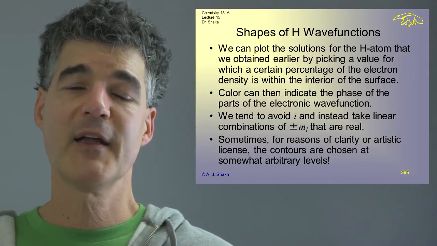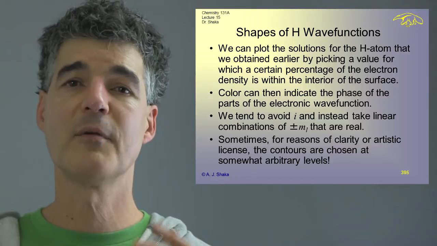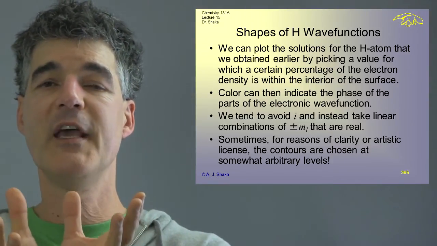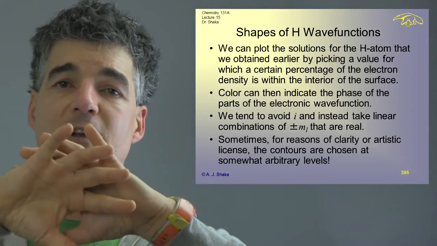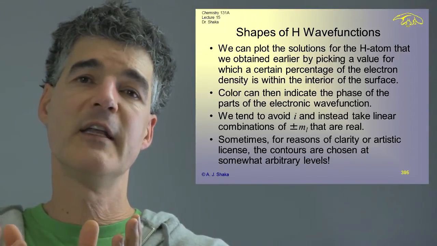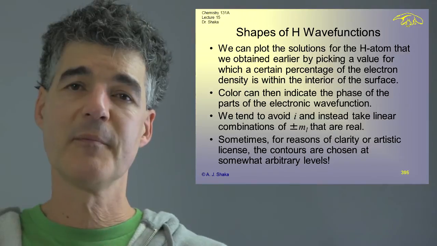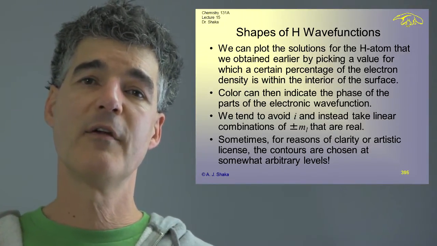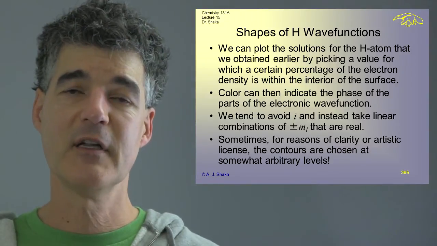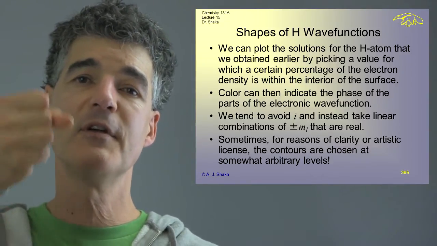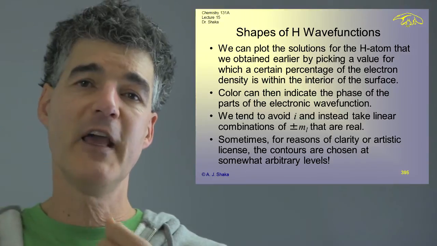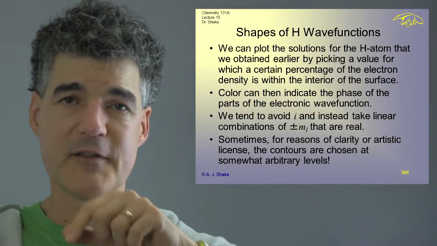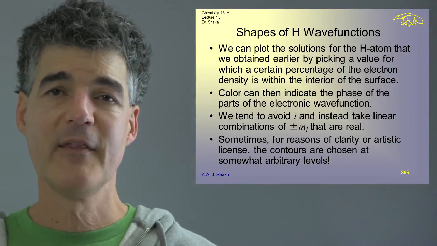And it's common practice to plot these as a contour plot, in which we pick some arbitrary contour in space and say there's a certain likelihood that the electron is inside this contour. And then we can pick a color to code whether the phase of the wave function is plus or minus. Remember, it's a wave, so it has a phase, and it has a phase in 3D, just like a sine wave has a phase in 1D.